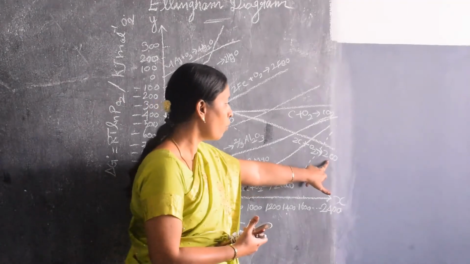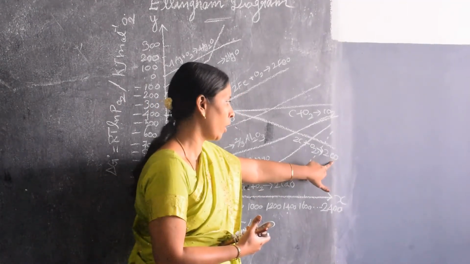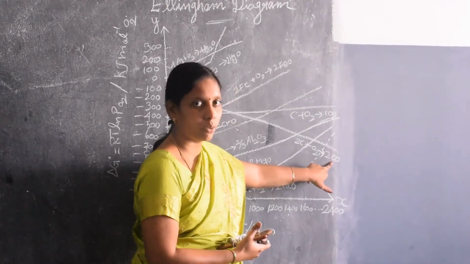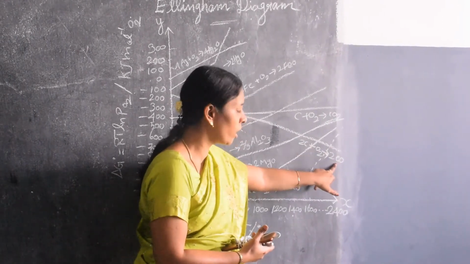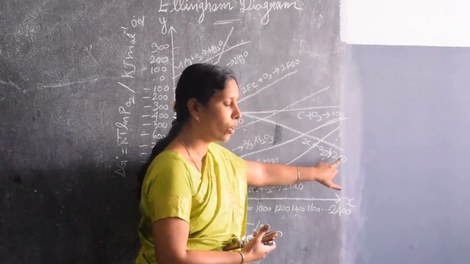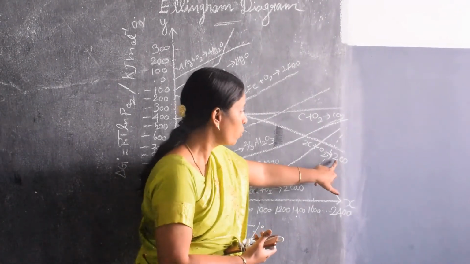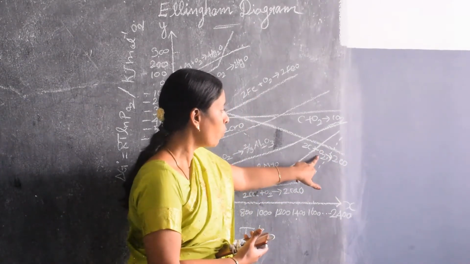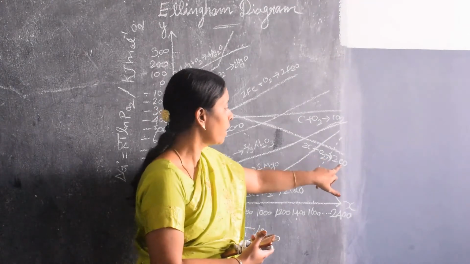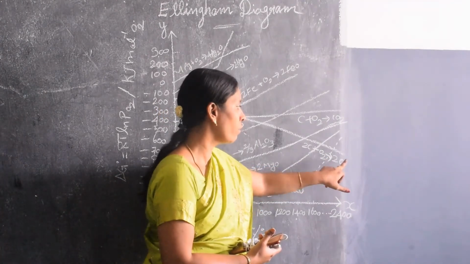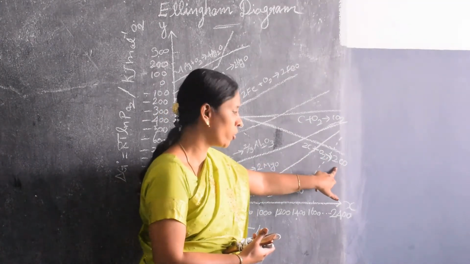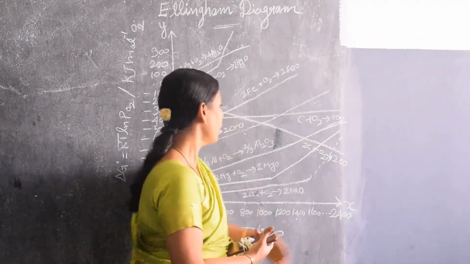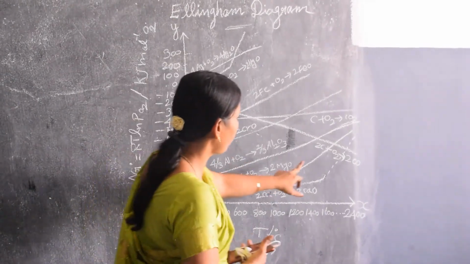It indicates that carbon monoxide is a very good, stable reducing agent at high temperature. At high temperature it is stable, so we can use it as a reducing agent. Okay, and that is done.